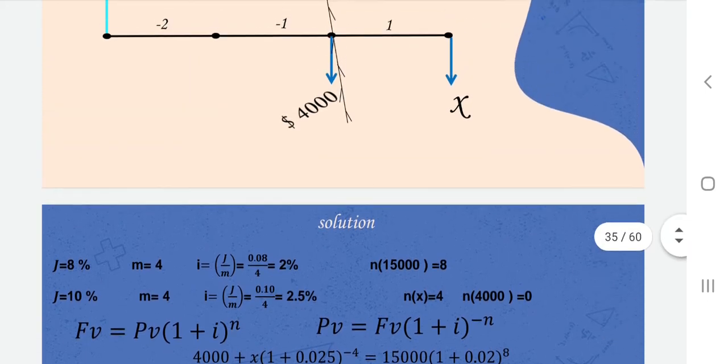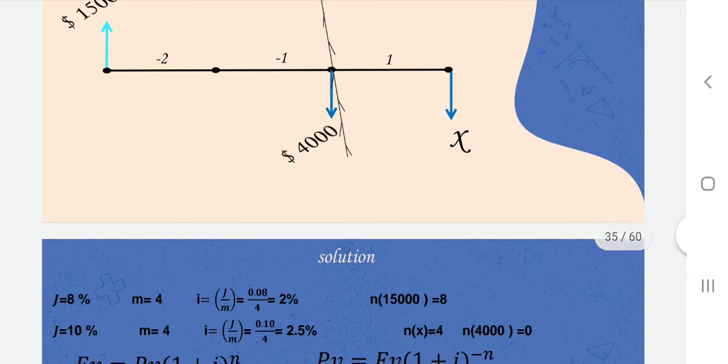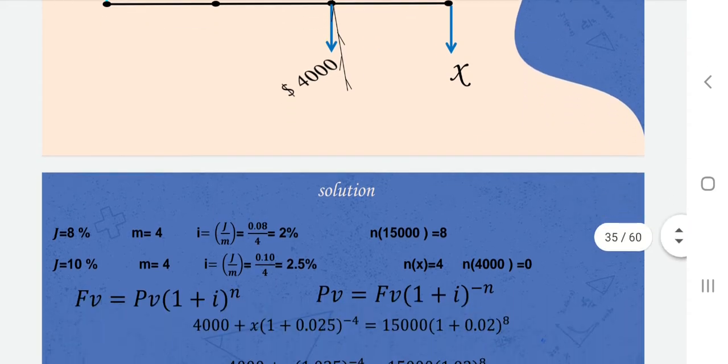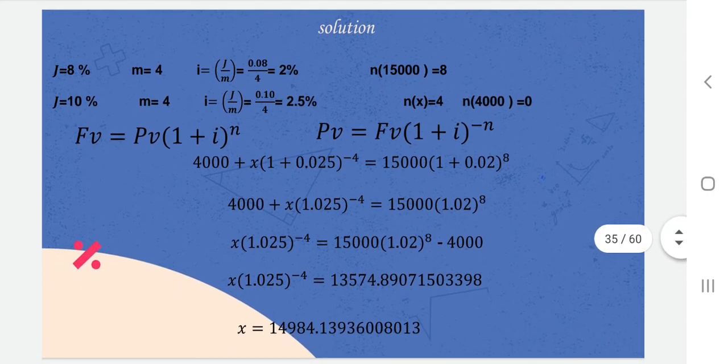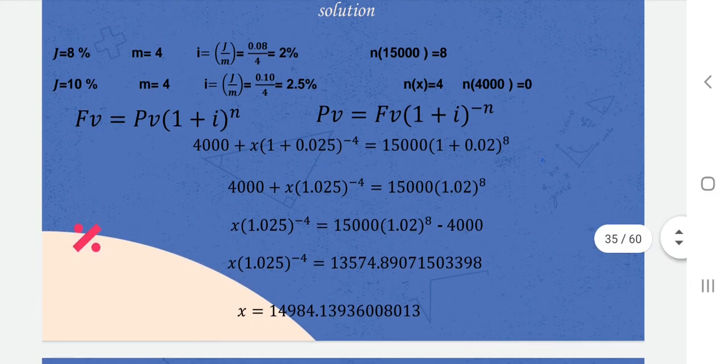M for X equals 1 times 4 equals 4, and M for 4,000 equals 0 because time equals 0. By substituting in the formula of present value equals future value times 1 plus I to the power negative n, and future value equals present value times 1 plus I to the power n, we can get X equals 14,984.